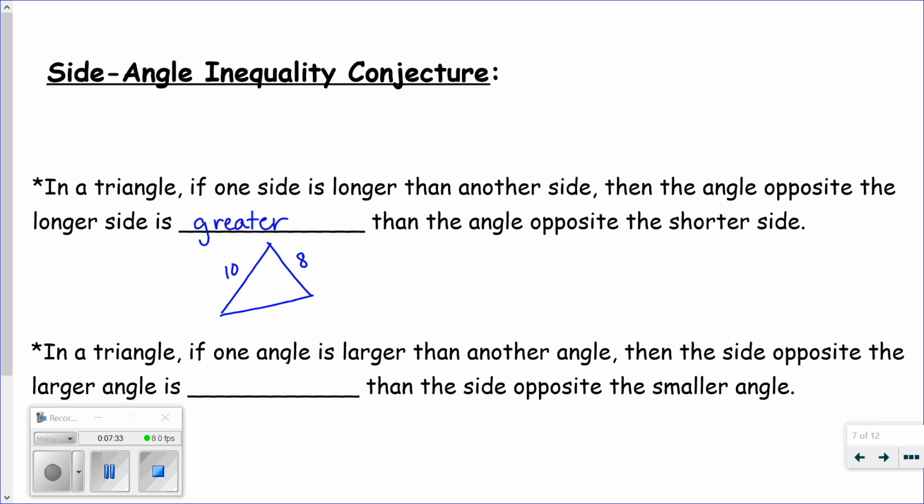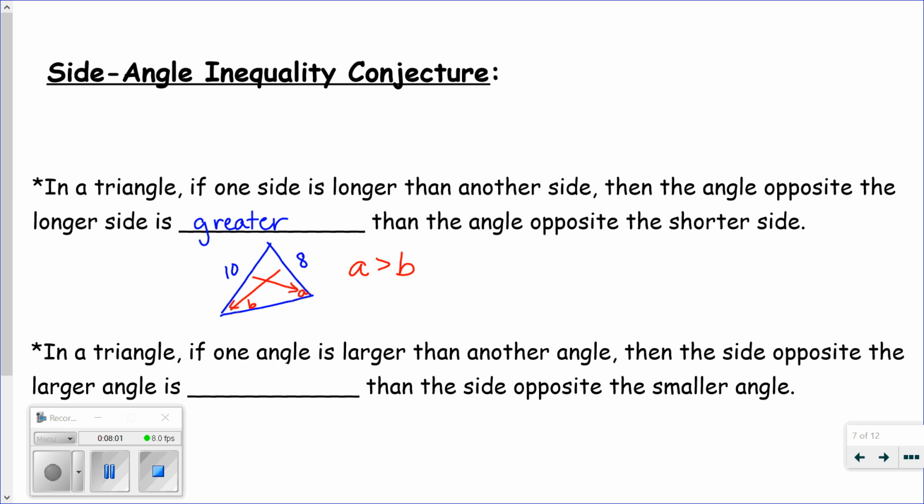What we're saying is the angle opposite the longer side, we'll call that angle A, and we'll call this one angle B. The angle opposite the 10 is bigger than the angle opposite the 8. So A is greater than B in this case. Again, the angle opposite the longer side is greater than the angle opposite the shorter side.